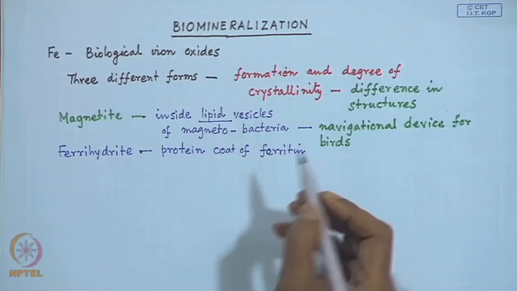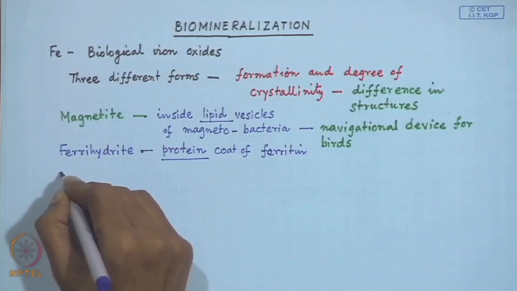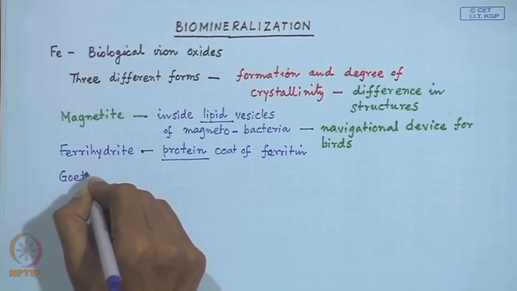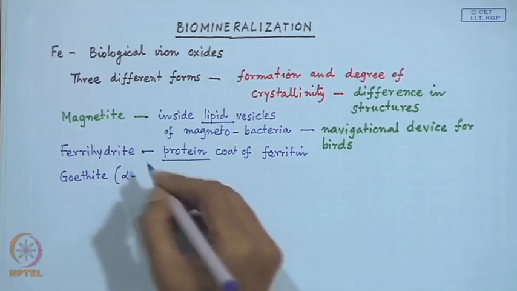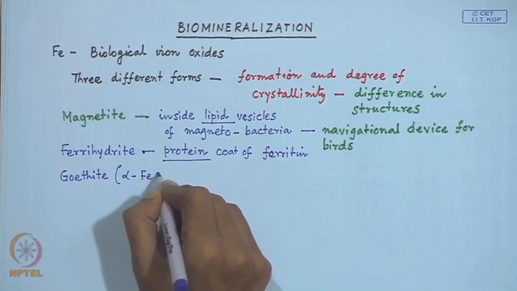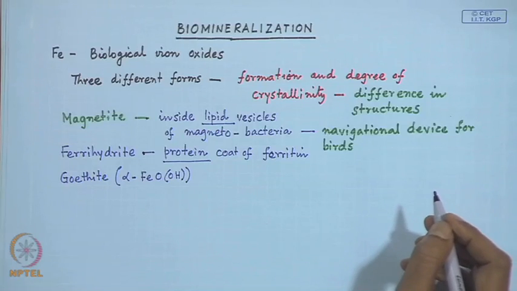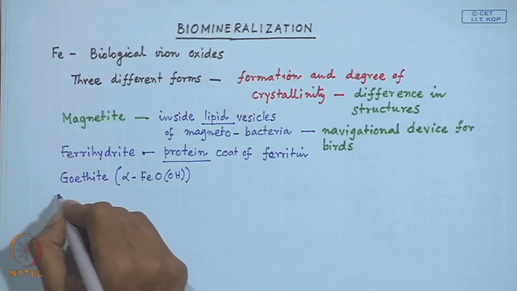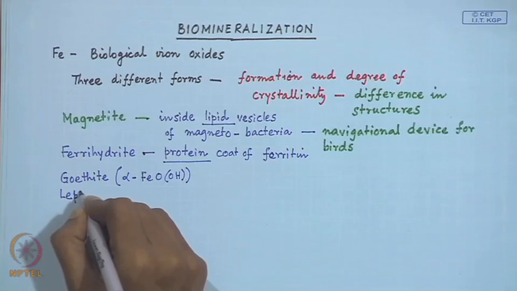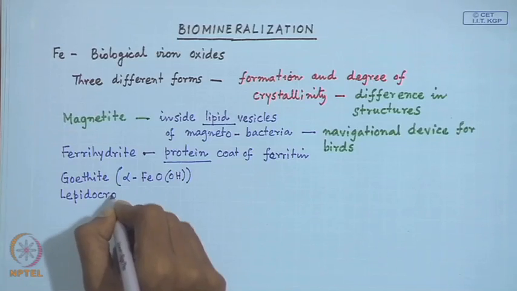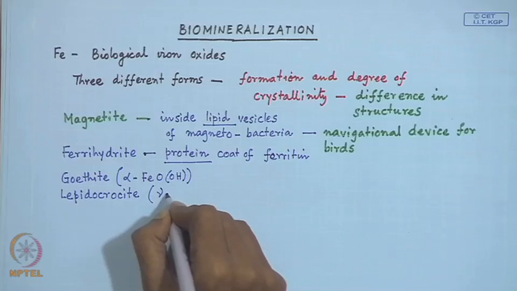So one is the lipid vesicle, another is the protein, and next is goethite, which is the alpha form of FeOOH, oxohydroxo iron, and lepidocrocite, which is nothing but its gamma form.